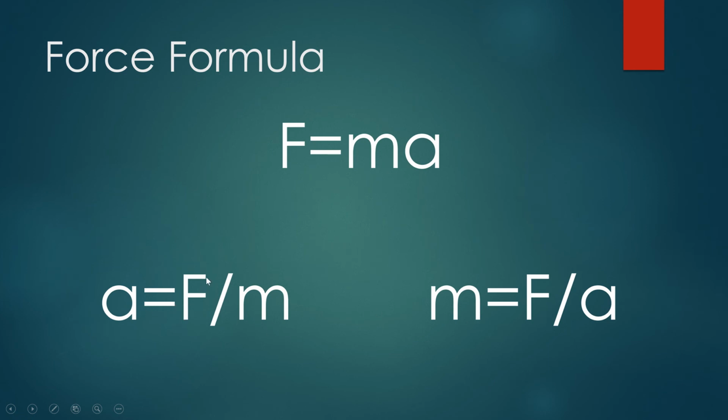The F always goes on top when we're doing division, but I'm going to show you a pyramid, and hopefully that will clear some stuff up for you. If you're looking for force, you are simply going to multiply M times A, and you are going to get the force.